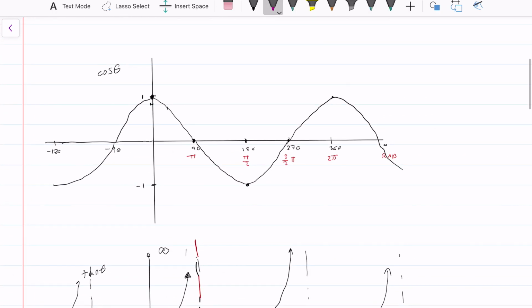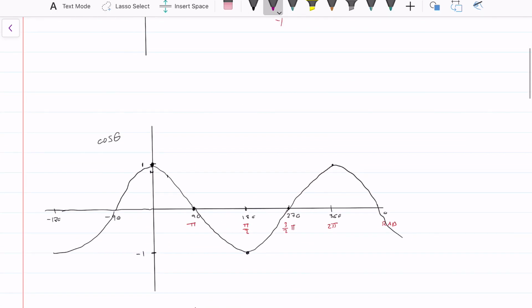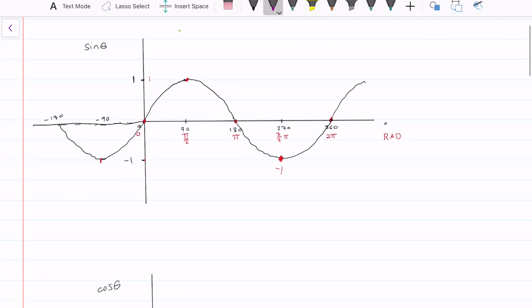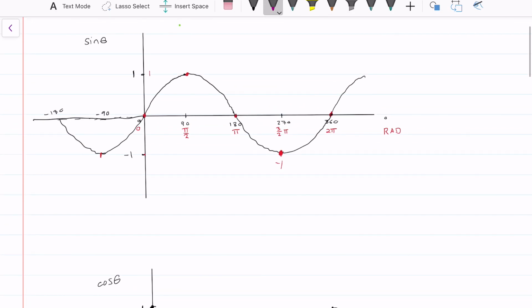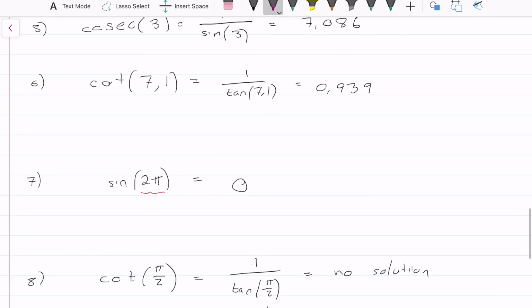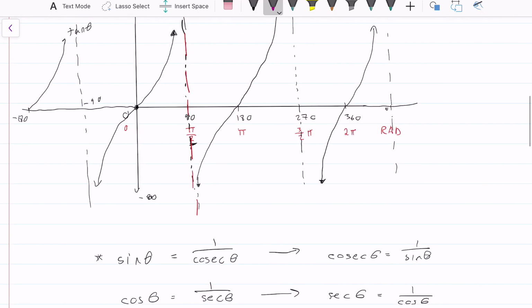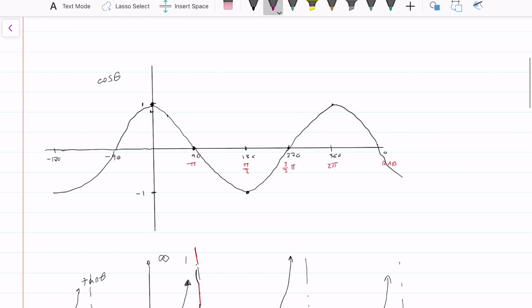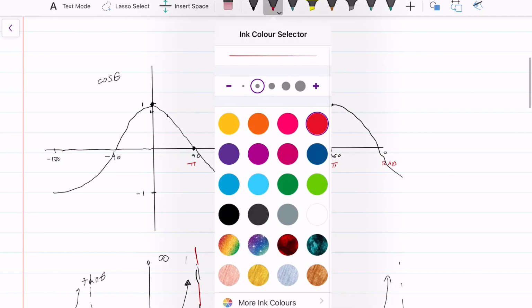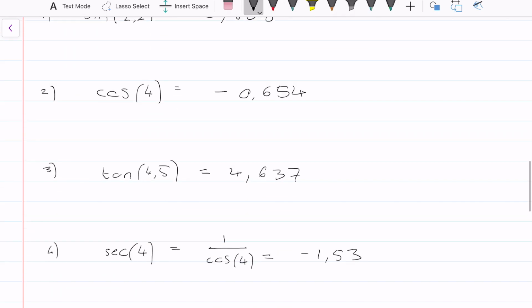If you go to pi over 2 on the sine graph, it's 1. And if we go to the cos graph, the value is 0.